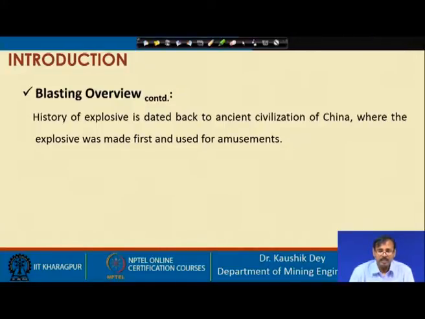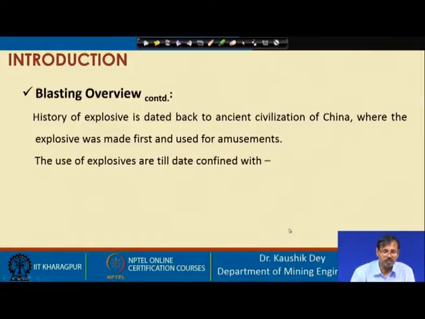And this explosive history is very interesting; most of the time the new explosives were developed from some accidents. Explosive is basically a chemical which stores a huge quantity of energy, and people are afraid of that.